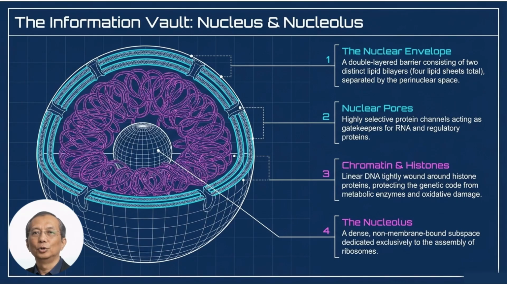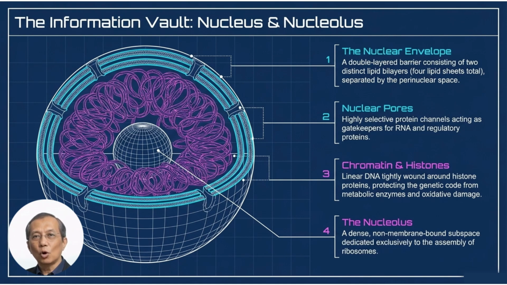At the heart of the eukaryotic cell lies the nucleus, often referred to as the cell's information vault. It's enveloped by a double-layered nuclear envelope consisting of two lipid bilayers separated by a paranuclear space. This barrier is punctuated by nuclear pores, which act as selective gatekeepers, regulating the passage of RNA and regulatory proteins.